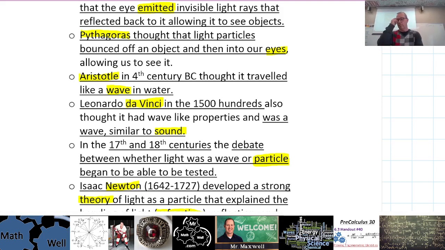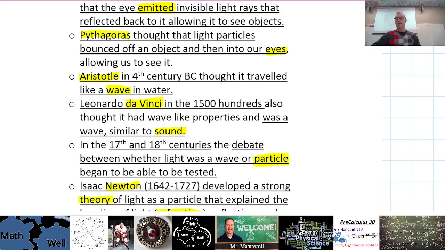Experimentation started to be a thing, unlike in ancient Greece, where experimentation was not relied upon because they didn't have good instruments. There were too many factors, and you couldn't isolate just one thing because there are so many things happening at once. They relied more on just the purity of thought and reason.